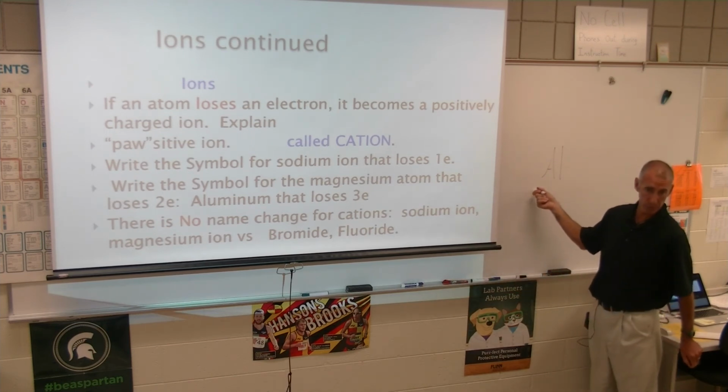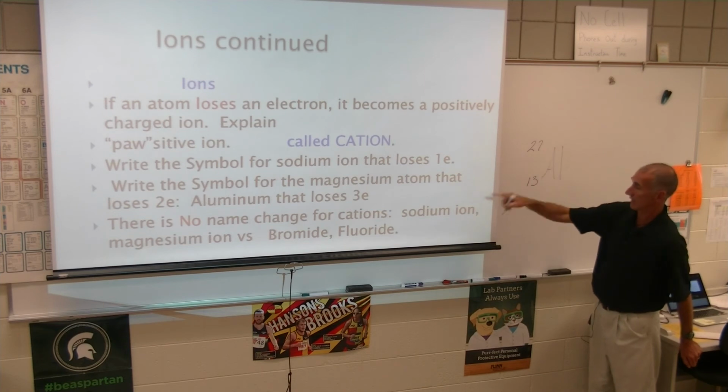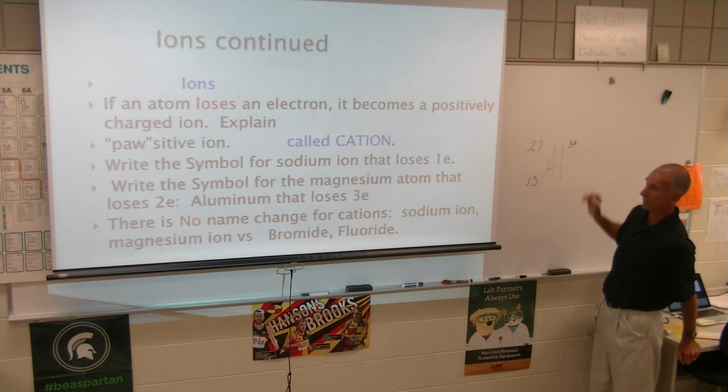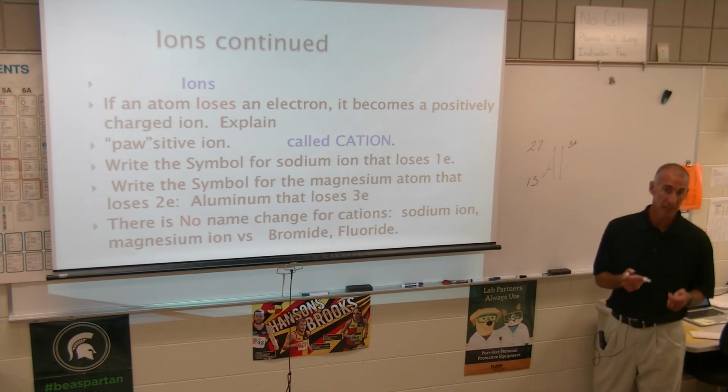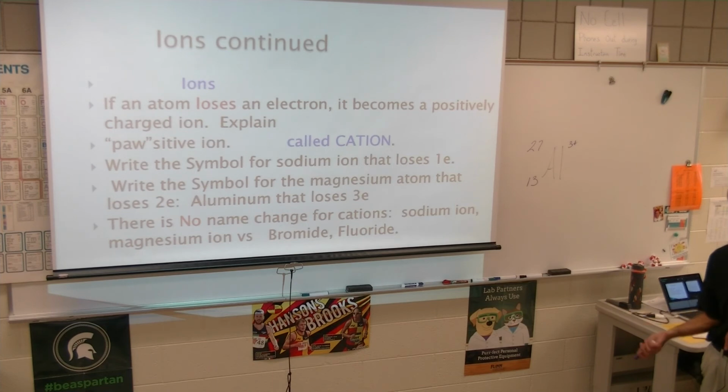What's the atomic number for aluminum? Mass number? And it lost 3 electrons, so now it becomes 3 positive. Okay? If it gained 3 electrons, it becomes 3 negative. If it loses 3 electrons, it becomes 3 positive.